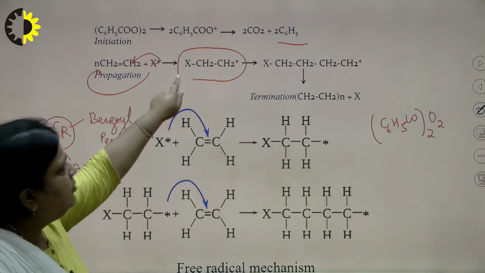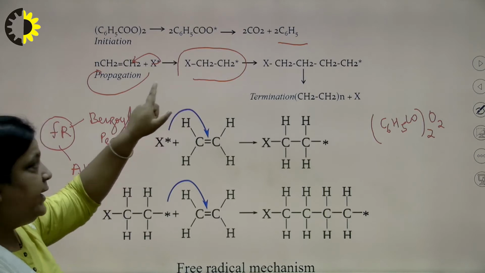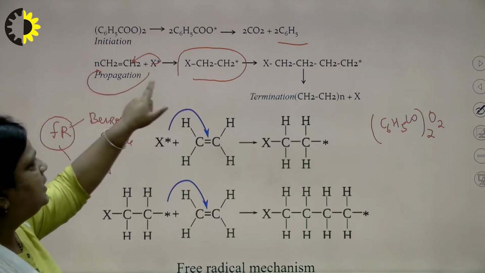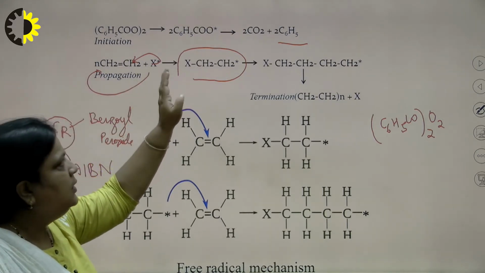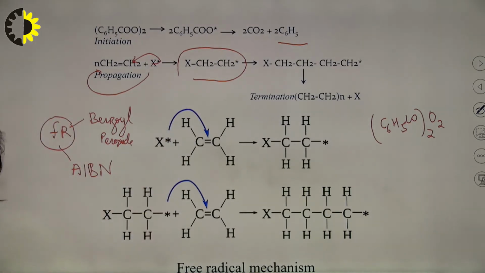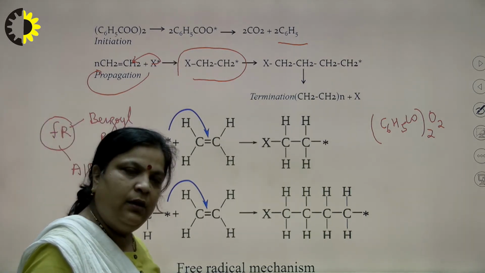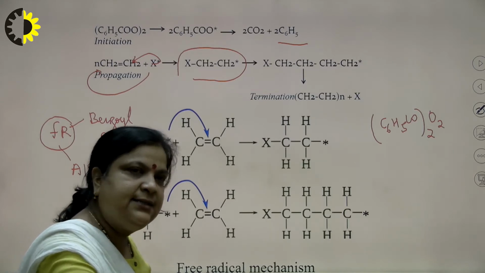So, what gets formed? X CH2, since it is an addition reaction, and X and the radical get attached. So, the double bond converts into a single bond. So, X CH2 CH2 radical. Now, the initiation step is complete. The second step is propagation. Propagation means increasing the chain length.